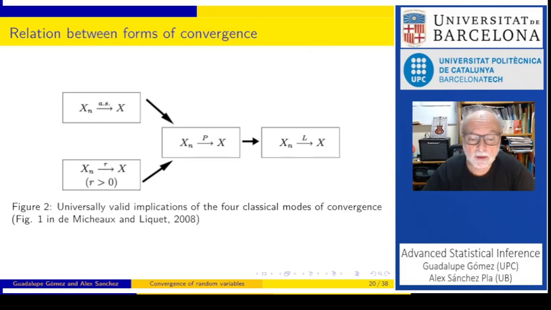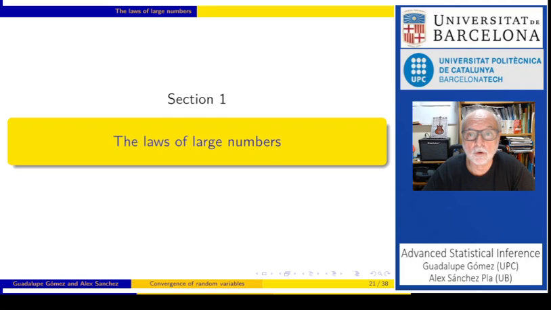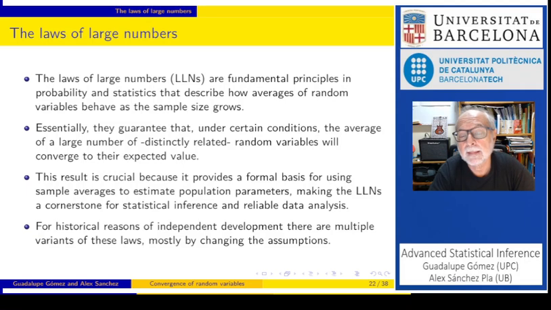Okay, so now let's talk about the laws of large numbers. The laws of large numbers are, we could call it, fundamental principles in statistics, which describe how the average of random variables behaves. We have already seen many principles in statistics: the likelihood principle, the sufficiency principle.